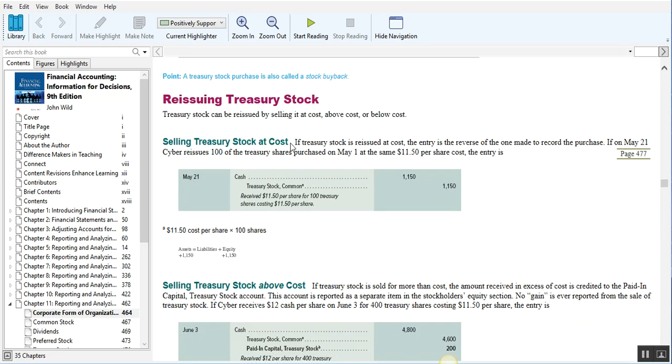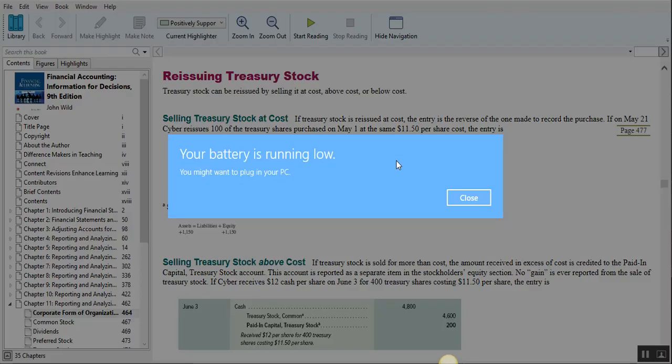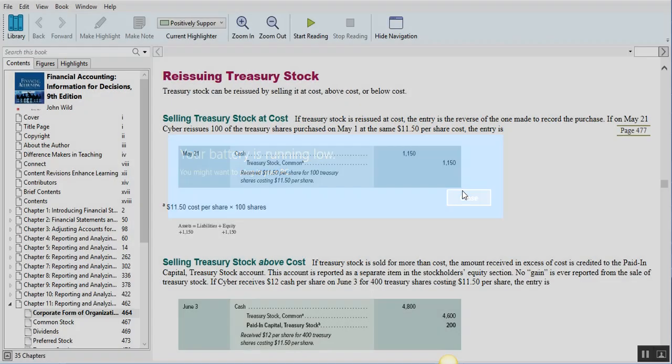This is how it would be reported in stockholders' equity if you had treasury stock. Now, once you buy back your stock, you can resell it if you wish at any time. Here it looks like they've resold it at exactly the amount that they paid for it, so there's not a gain or loss on the treasury stock itself. Instead of par value, here you're going to record the value of the stock at the cost that you originally paid for it.